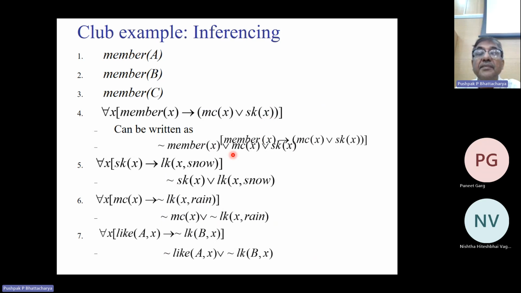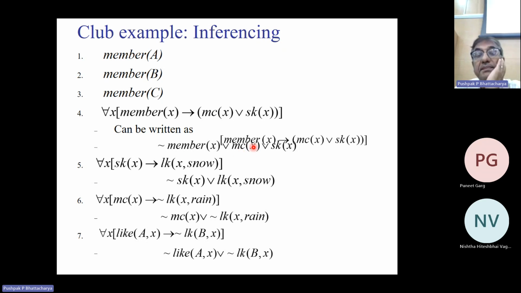This can be written as member(x) implies MC(x) or SK(x), after universal quantifier dropping. You are allowed to drop the universal quantifier from the expressions. And then you convert implication to not of left-hand side or right-hand side.